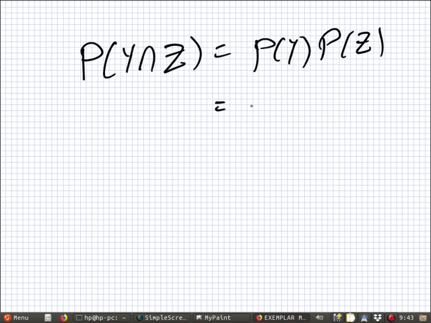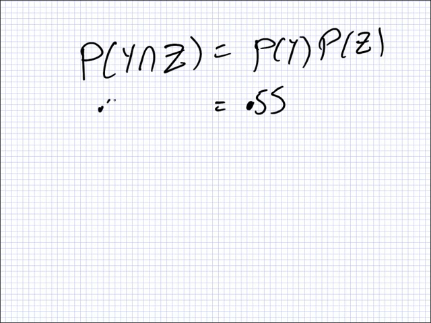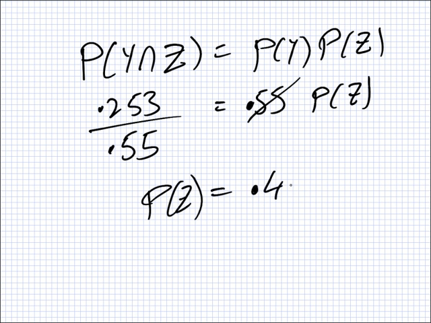They give us P(Y), 0.55, and they give us the other one, 0.253. So it's just simply a matter of dividing, and what do you get? 0.46. 0.46 is the answer.